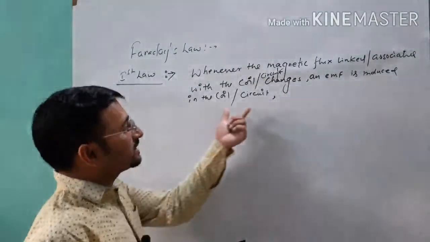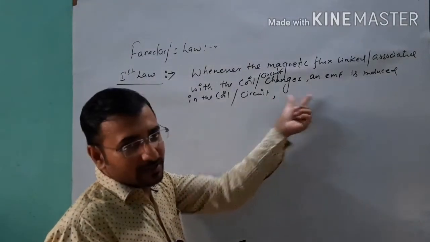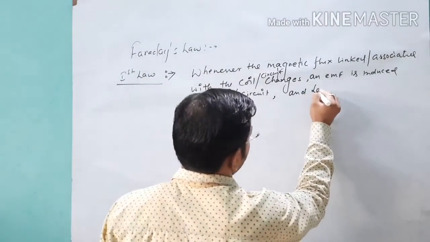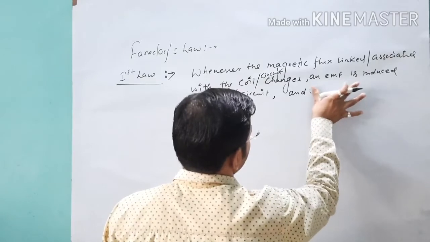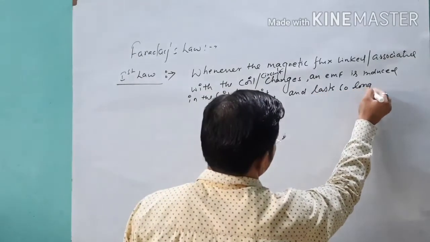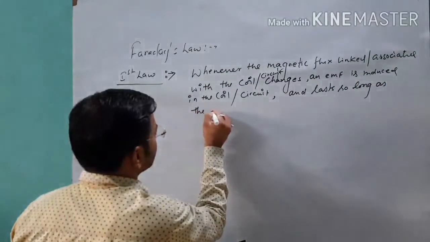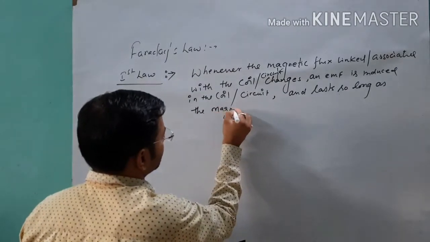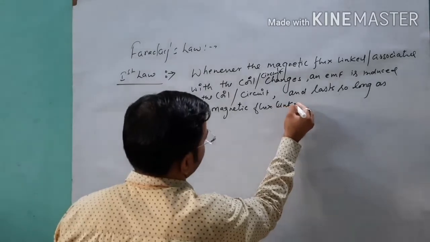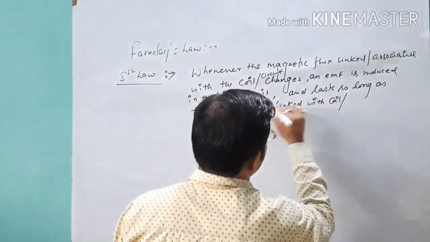So when we change the magnetic flux linked with the coil, an EMF is induced in the coil and lasts so long as the magnetic flux linked with the coil, or you can say circuit, changes continuously.